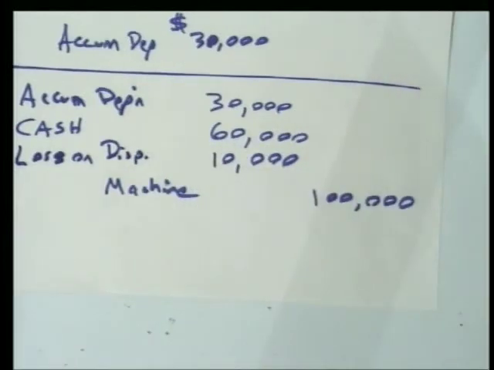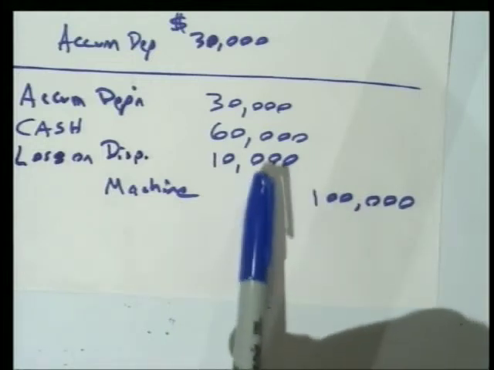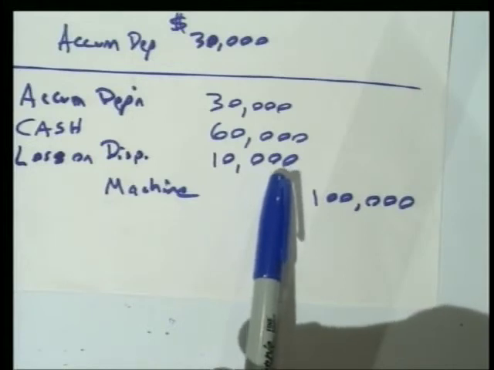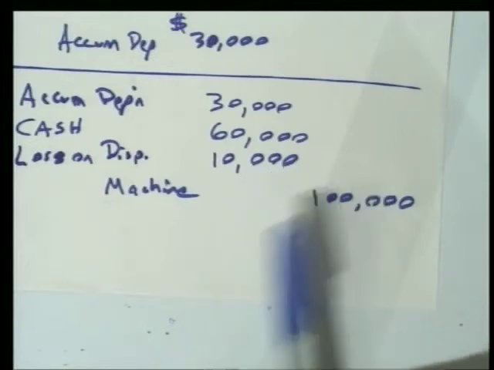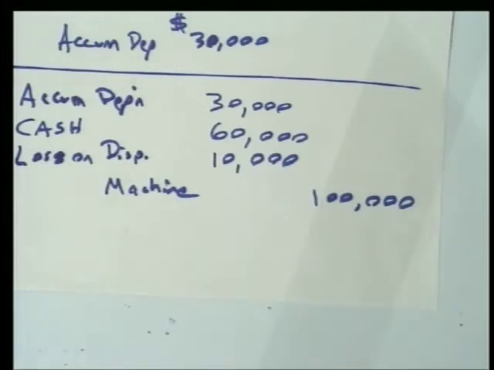A loss on disposal, because we needed help on the debit side, like an expense is a debit balance, isn't it? Does this make sense? Okay, so we debit loss on disposal. Our income statement would thus have loss on disposal subtracted somewhere in it in arriving at net income.